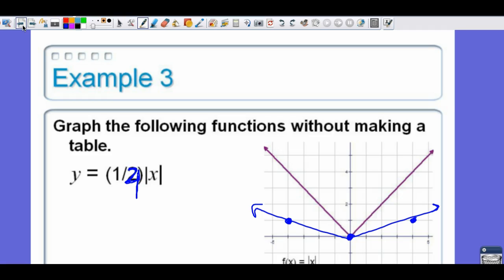My slope is up 1, over 4: up 1, left 4. Domain is all reals, and range is y values greater than or equal to 0.